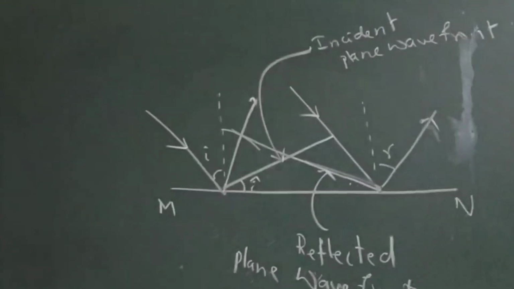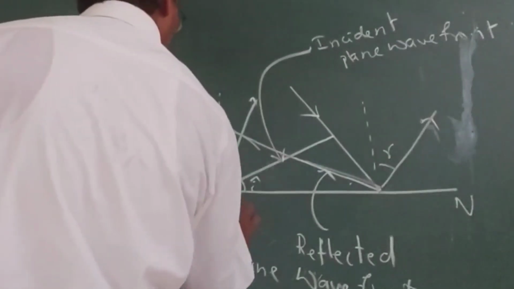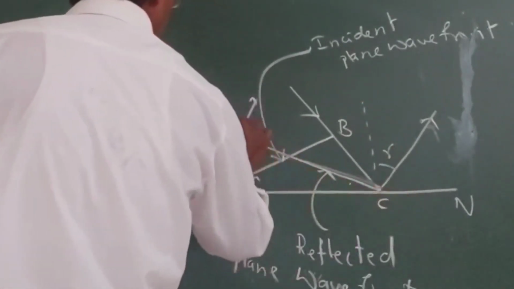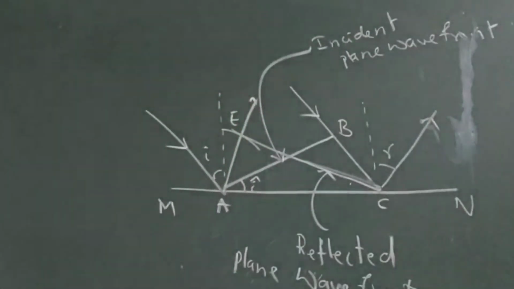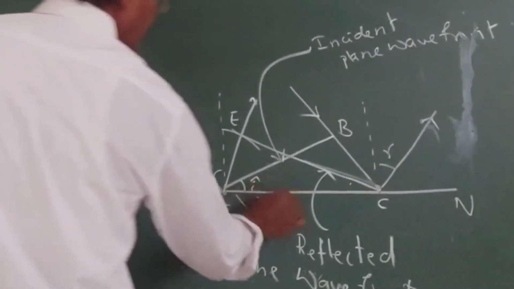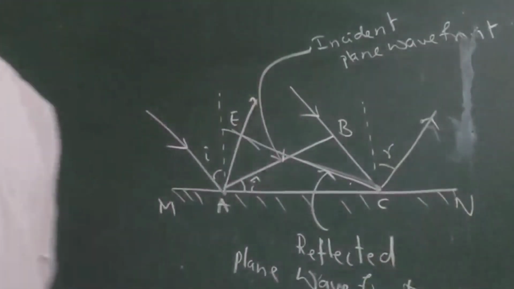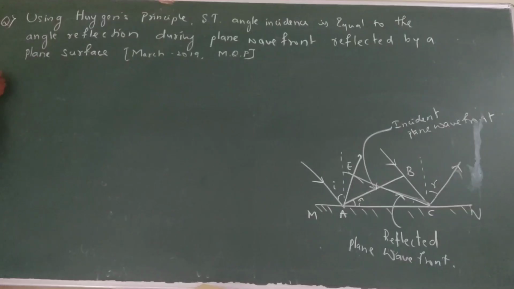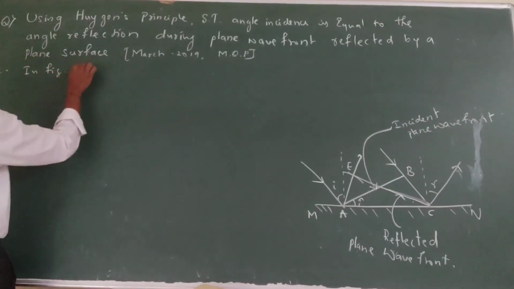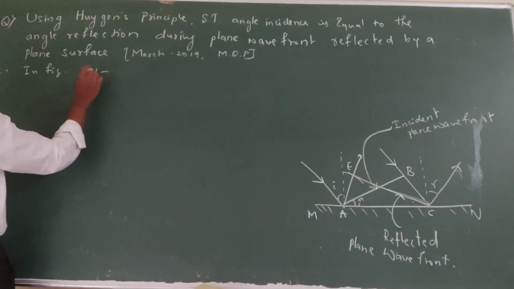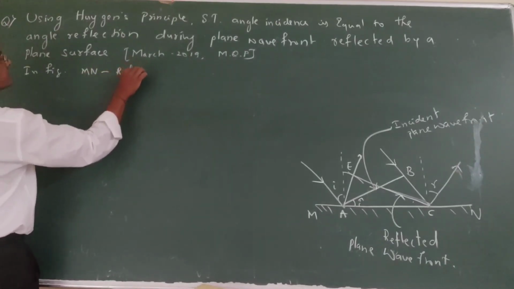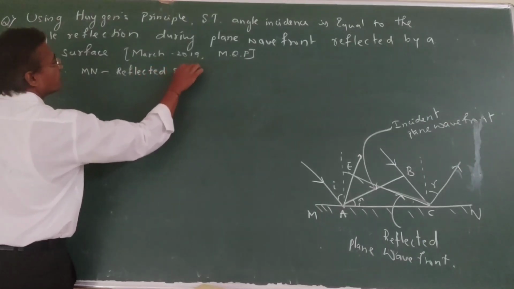The points are A to B and C to E. We can see that MN is called the reflecting surface. In the figure, MN is the reflecting surface.